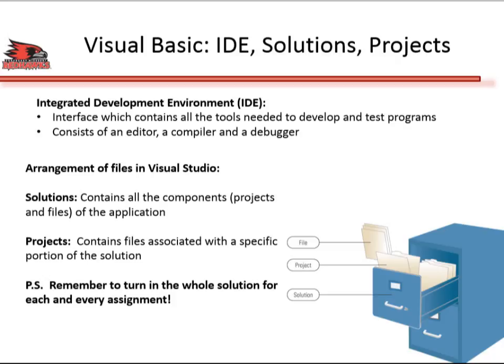So one by one. Editor is basically the blank space where you get to write your code. It's similar to the blank space in Microsoft Word, where you type in whatever you need to, and then once you're done typing your code, you want to run the code, and that's where the compiler comes in.